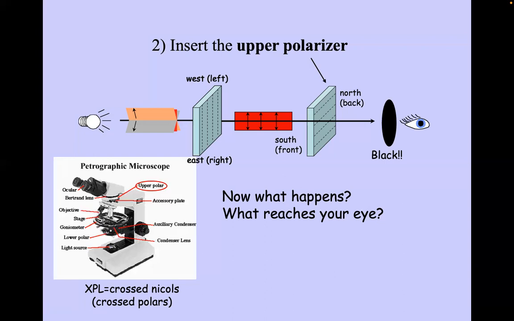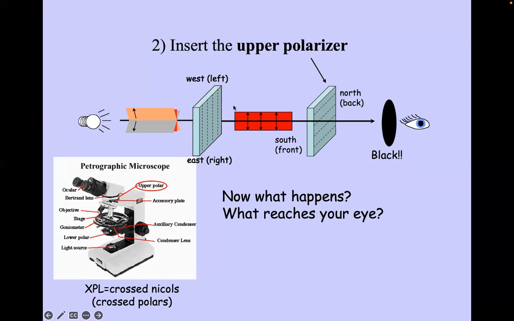For example, this one being black is also important. For some minerals, if they become black, then that is also a characteristic feature for mineral identification. But remember, inserting this or not is another configuration. That means we change the configuration by inserting the second polarizer. In that case, we call it cross polarization.